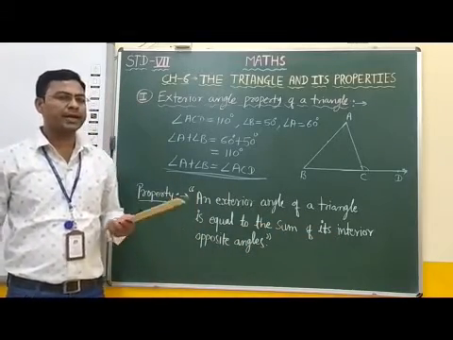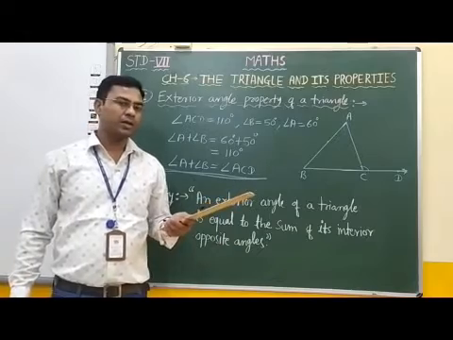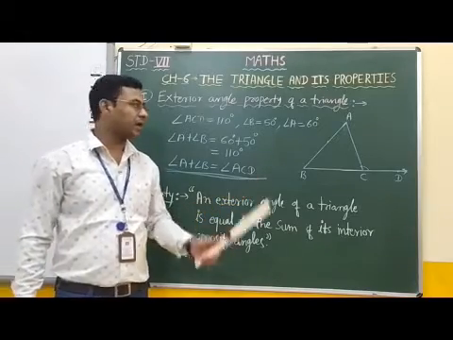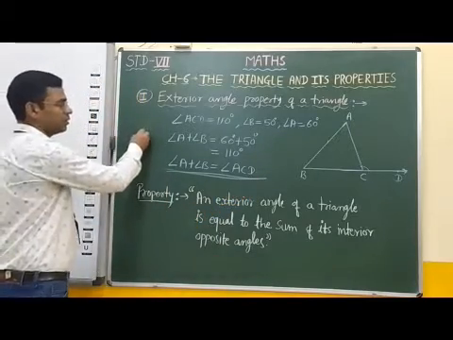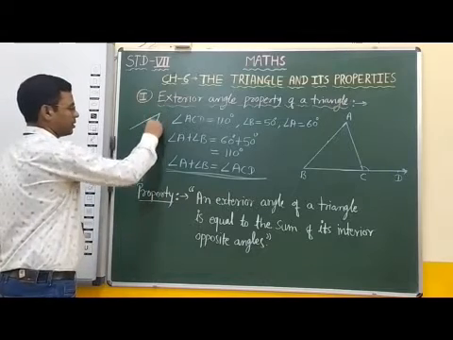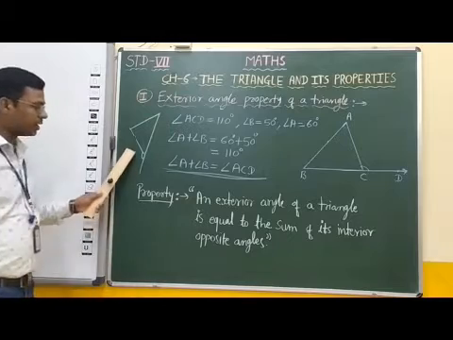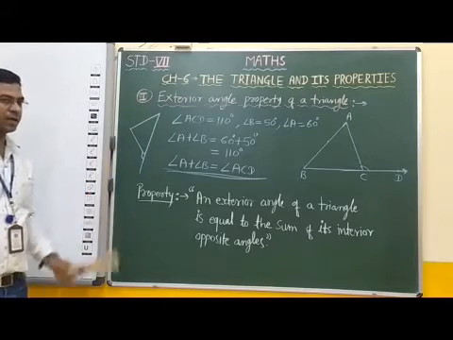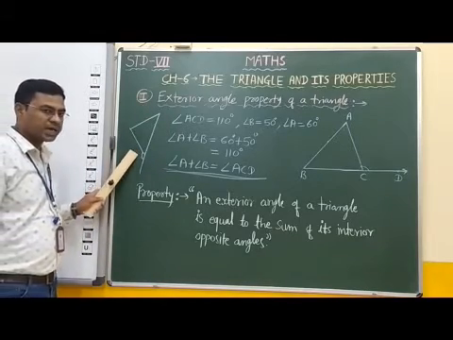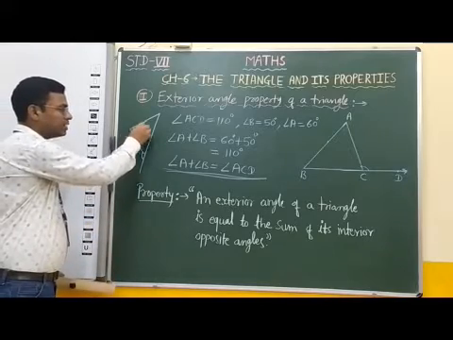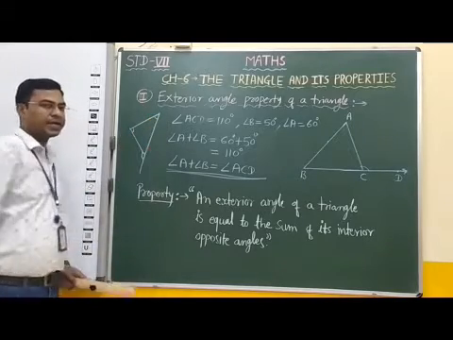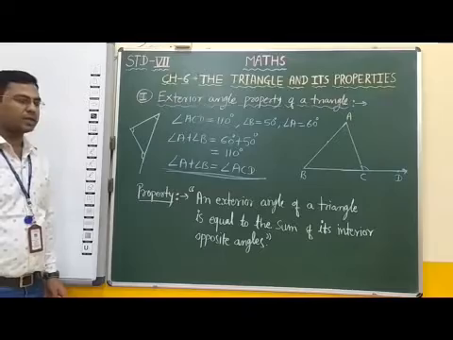If you draw any type of triangle and if you draw its exterior angle, suppose these triangles. Now this is the exterior angle of this triangle. Then the measure of this angle is equal to the addition of these two interior opposite angles.